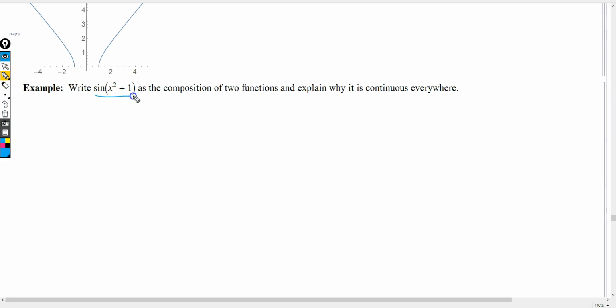So let's take this function and write it as the composition of two functions and explain why it is continuous everywhere for all x. Well, we notice that if we let f of x equal sine x and g of x equal x squared plus 1, then f of g of x is this function.